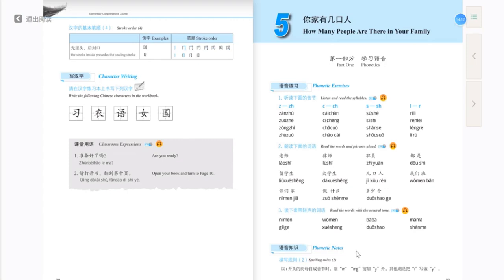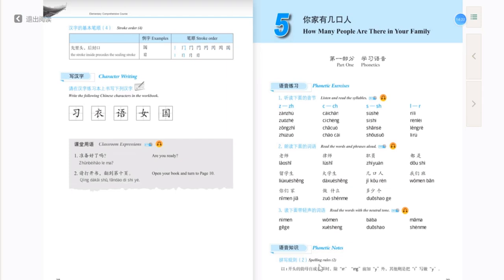Okay, and also in lesson 5 we have phonetic notes, which are spelling rules. Actually, we have finished learning all the spelling rules in Chinese Pinyin. So please make a review by yourself of the previous lessons.